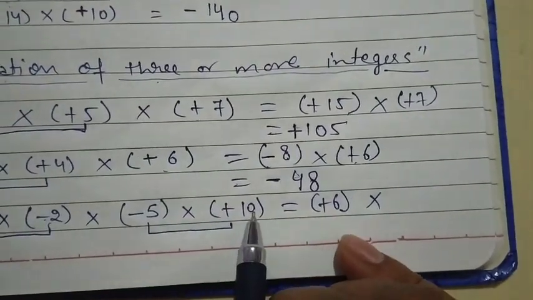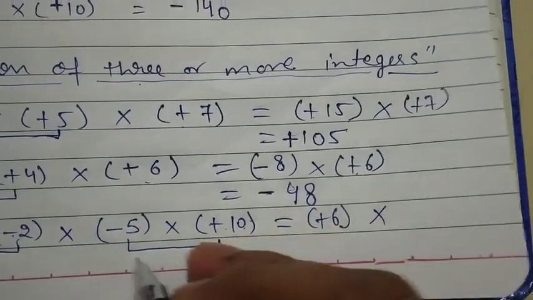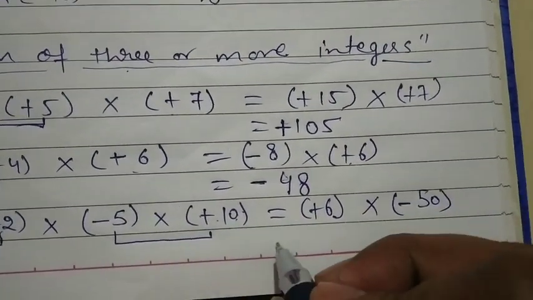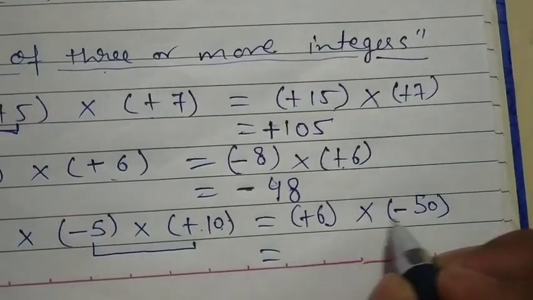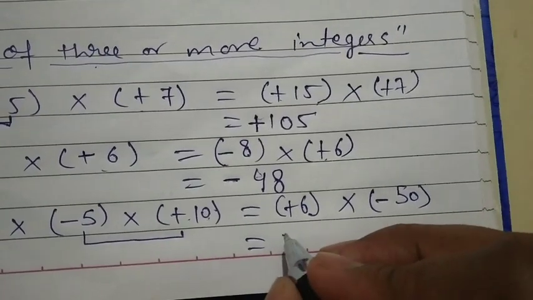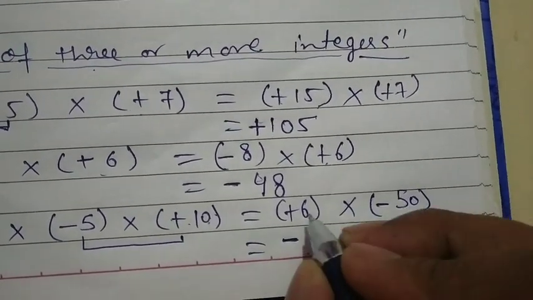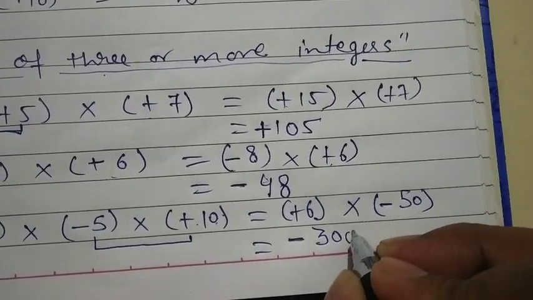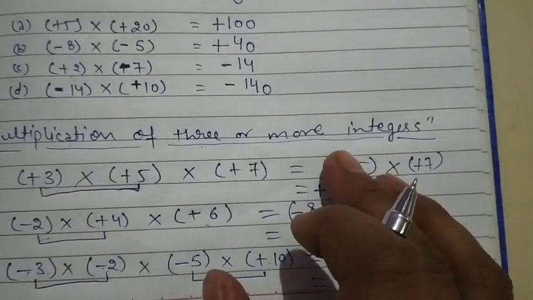Into, now here minus 5 into plus 10, different signs, so we will multiply and put minus sign. 5 10s are 50, so this will be minus 50. Now we will multiply these two, plus 6 and minus 50. Again they have different signs, so the result will have a minus sign. When you multiply 50 by 6, you will get 300. You can check by multiplying, you will get 300. So this is how we can multiply 3 or more integers.